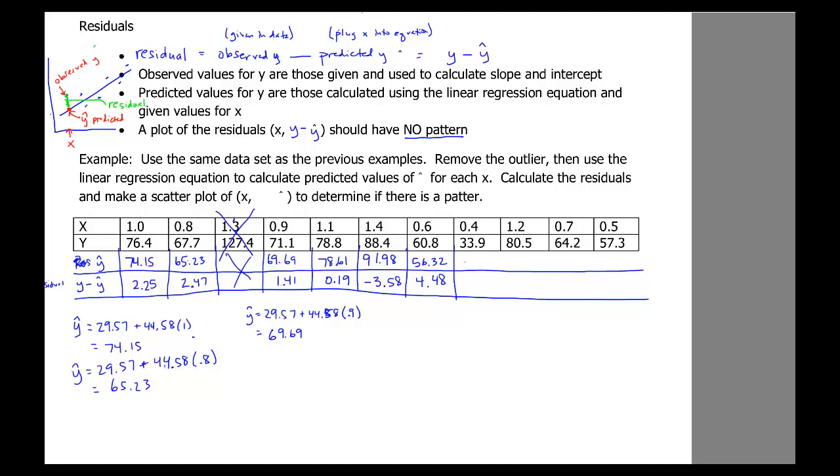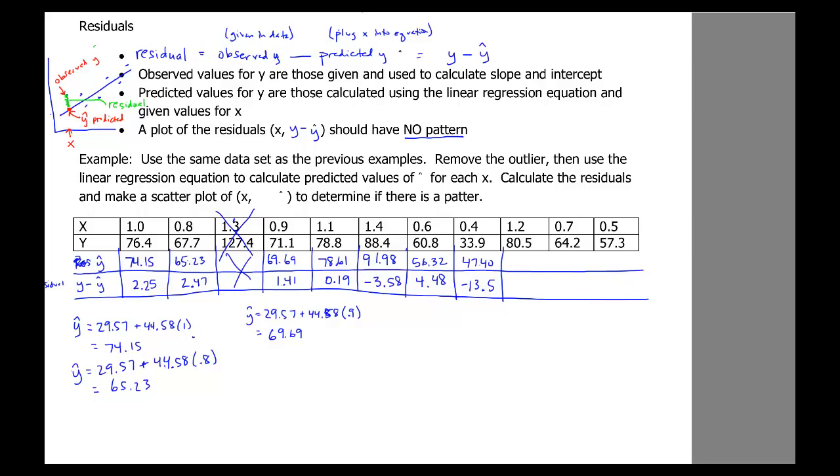And for 0.4, we have 47.40, and a residual of negative 13.5. Make sure you keep track of if they're positive or negative when you subtract, because that's important.